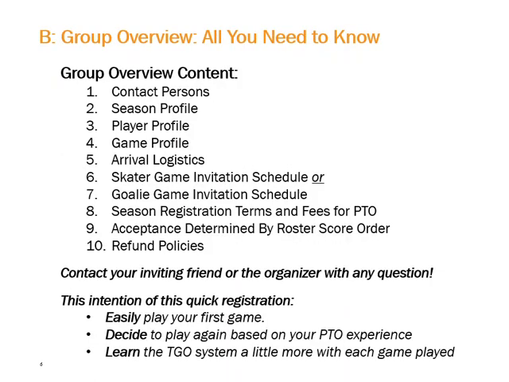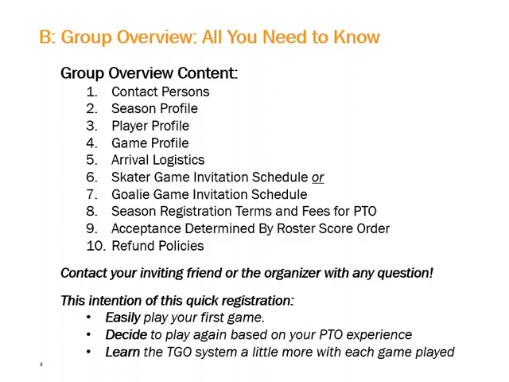Okay, so the group overview document is created by the members of the group, and it's put together by the organizer and placed in here. It has 2 functions. One is so that all the players in the group understand the terms, the fees, the refund policies.